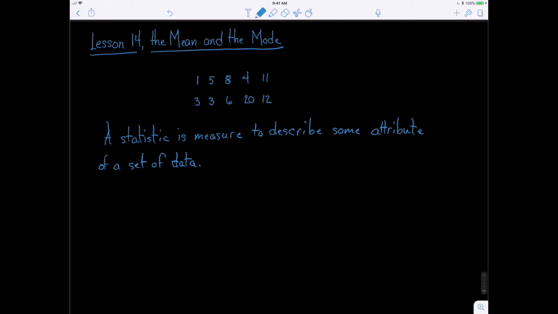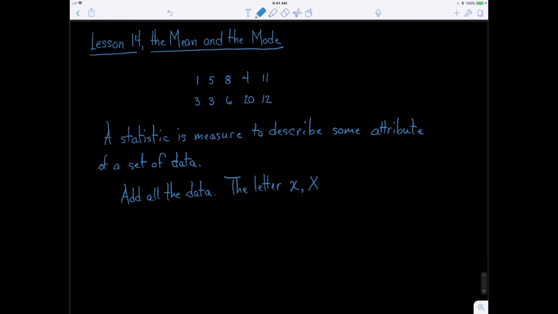So the first thing we want to do is add all the data. Here's what we're going to do. We use the letter X, and we'll either see it written, I usually write mine like that, kind of a script X. In some statistics books you'll see a capital X. Either one is fine.